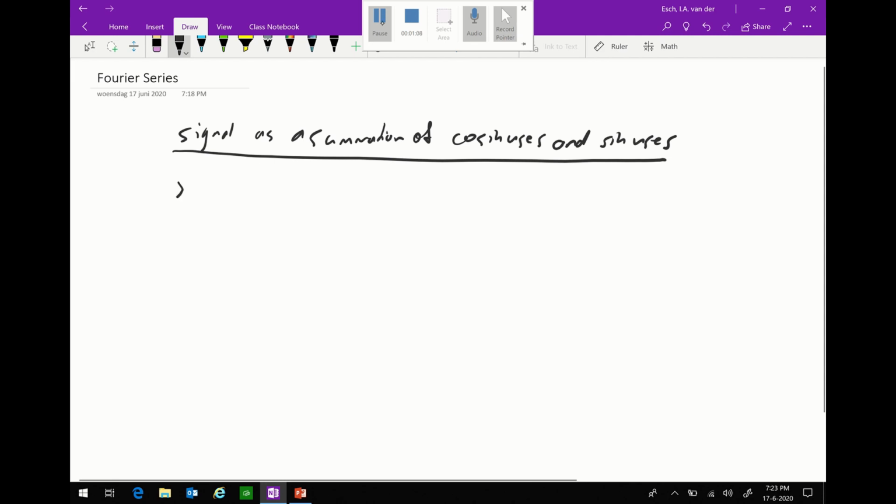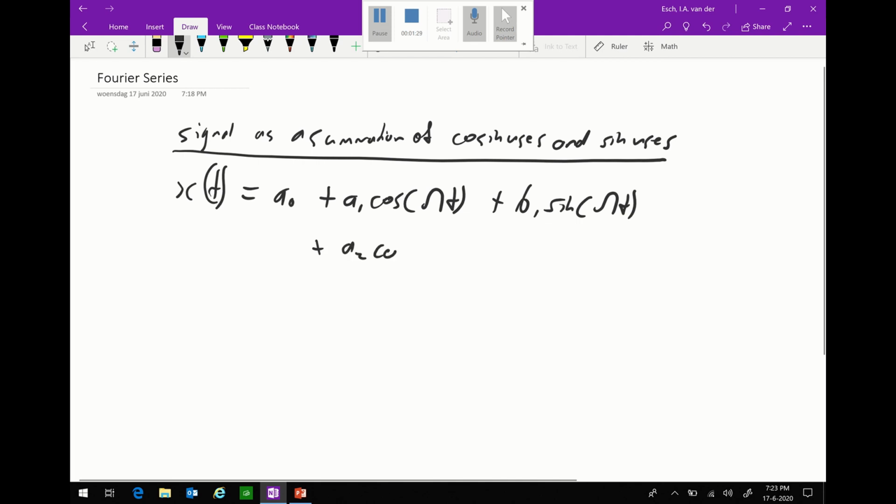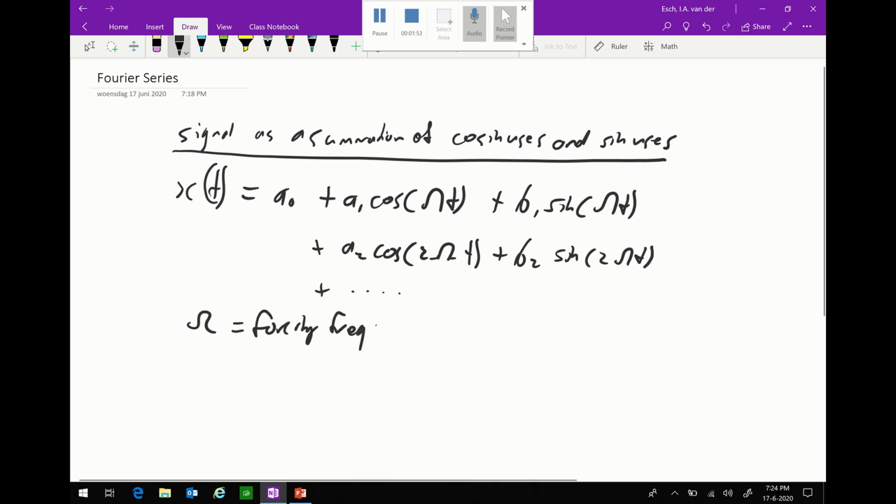And what I mean by this is, suppose we have this summation, or this representation, I have to say, of a1 cosine omega t plus b1 sine omega t plus a2 cosine 2 omega t plus b2 sine 2 omega t, etc. And where the omega is the forcing frequency in radians per second, of course.